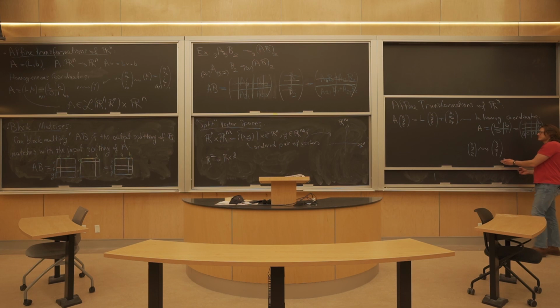Why am I doing this? Because since I'm interpreting the affine transformation as a 4x4 matrix now, its inputs and outputs are also four-dimensional. So somehow I need to transform this three-dimensional vector to a four-dimensional vector. And it turns out that this is the way to go.